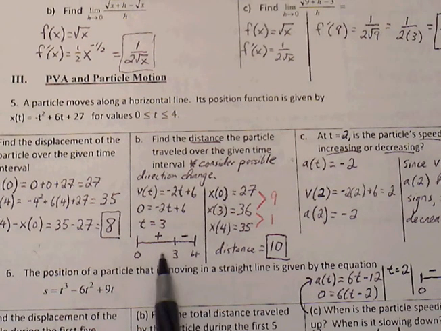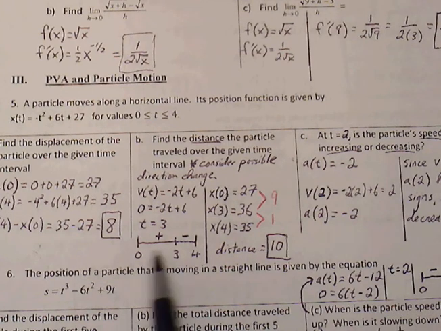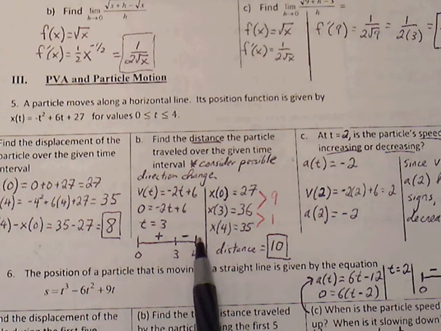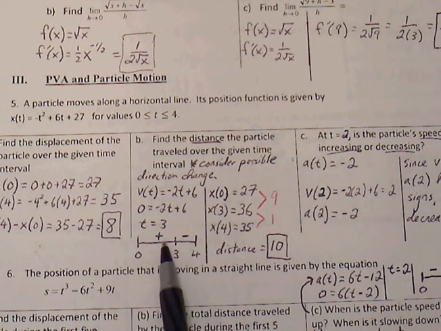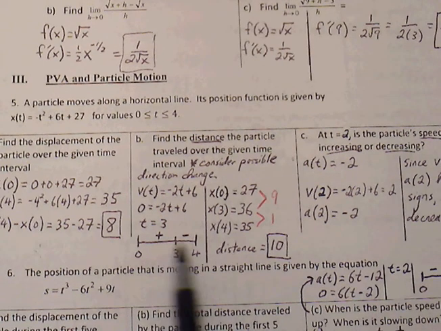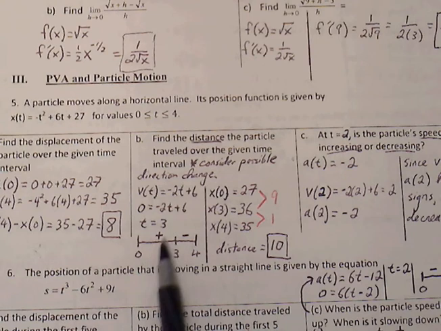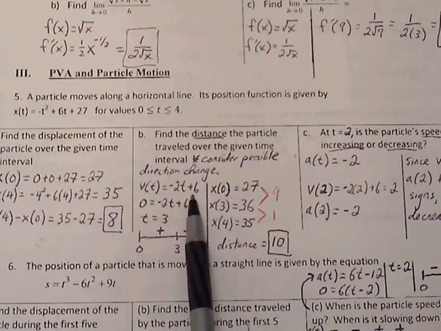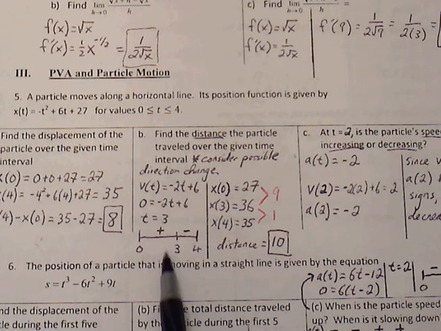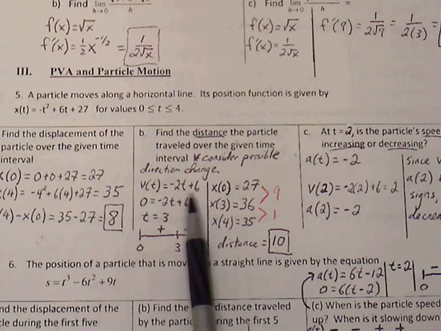And then we put this on a sign line, 0 and 4 being our starting and end points, 3 being the critical point. Then we plug values in each interval into the velocity to determine which direction it is moving. Between 0 and 3, if I plug in 1, I'm going to get a positive value. If I plug in 3.5, I'm going to get a negative value.